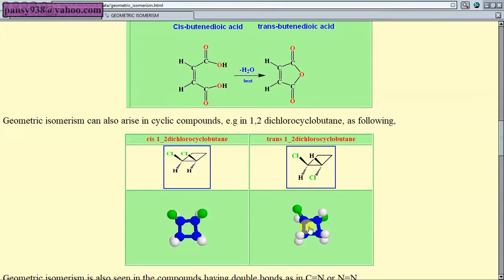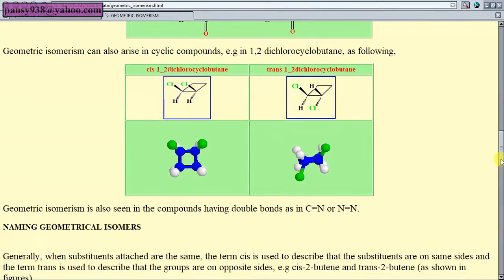When they are non-rotatable, it means that they cannot interconvert between each form, and so these are the permanent forms of cis and trans 1,2-dichlorocyclobutane. So they are also geometric isomers.